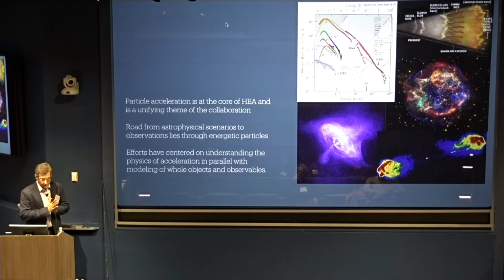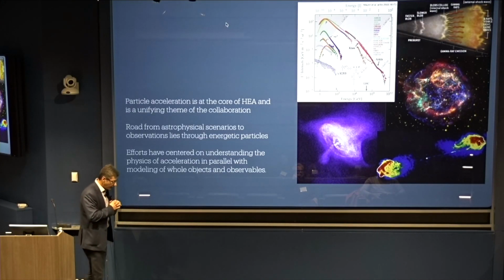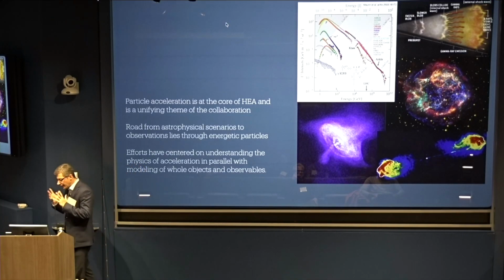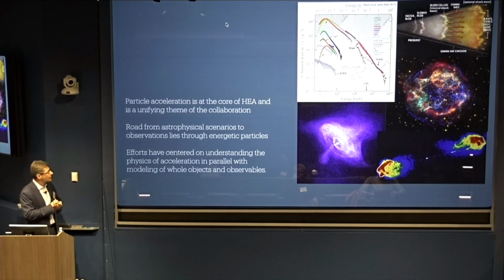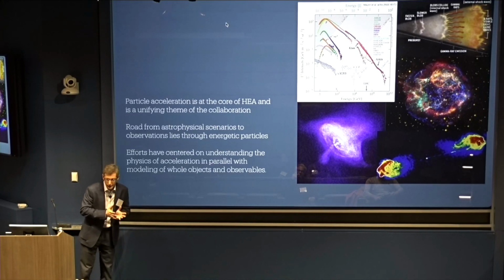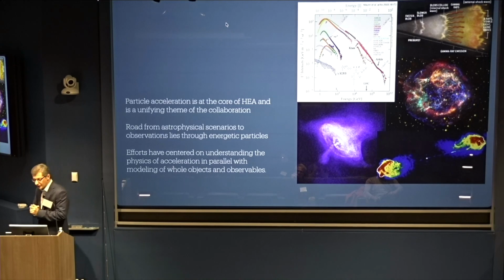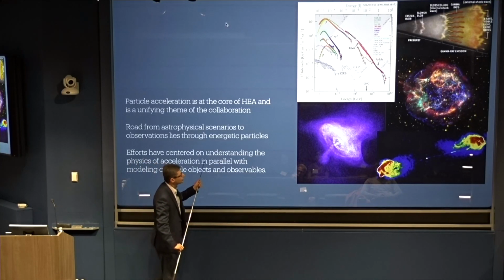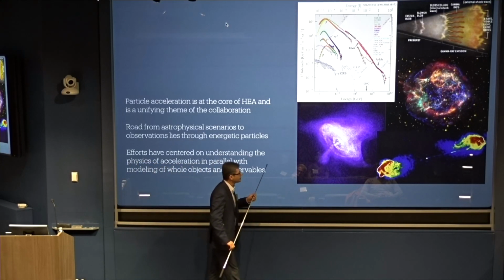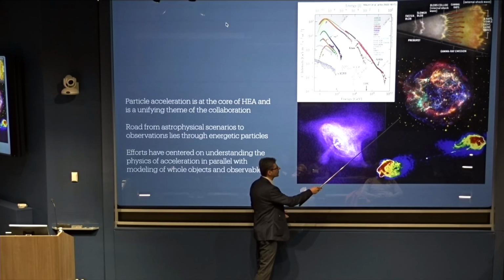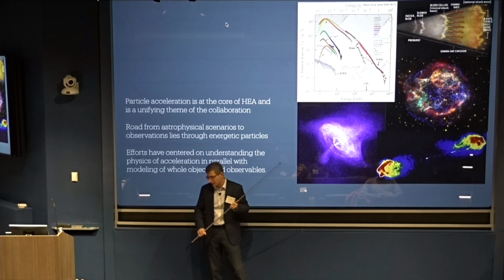To motivate this, particle acceleration in general is at the very core, so to speak, of high-energy astrophysics. It shows up both in particles that we observe, such as the cosmic rays, the beautiful spectrum that we observe over many decades, and also through the high-energy radiation, such as synchrotron light that we observe from various sources, such as supernova remnants and pulsar wind nebulae.